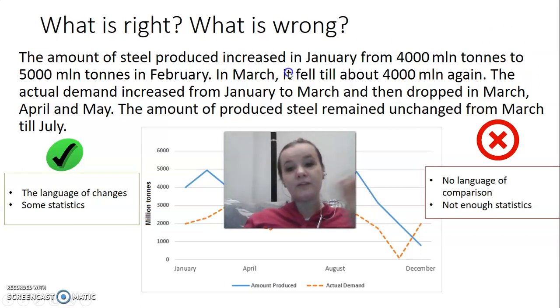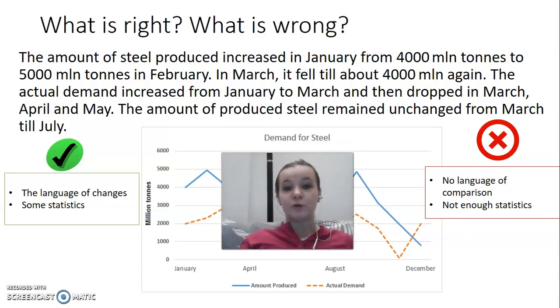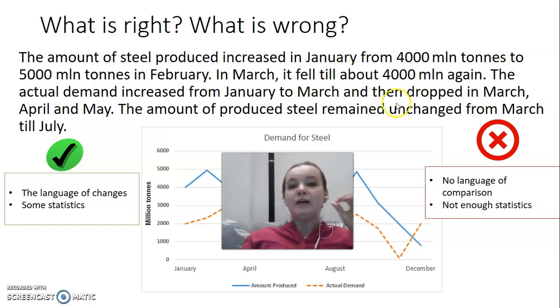You need to compare these two lines. And there is some statistics, but it's not sufficient. It's used in some places, and then by the end, the person just gave up and said, no, I'm not using numbers anymore. So when you write a midterm exam, make sure you compare the line graphs, these two lines, and you also talk about the language of change at the same time.